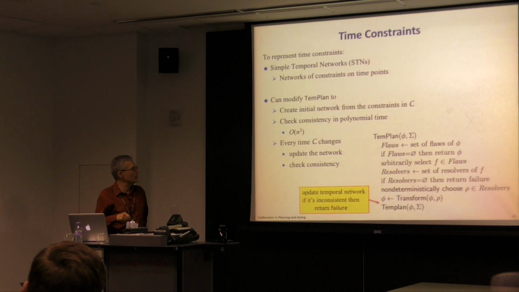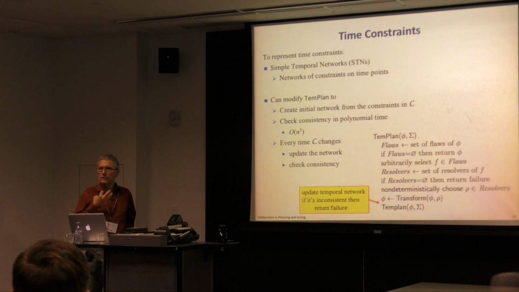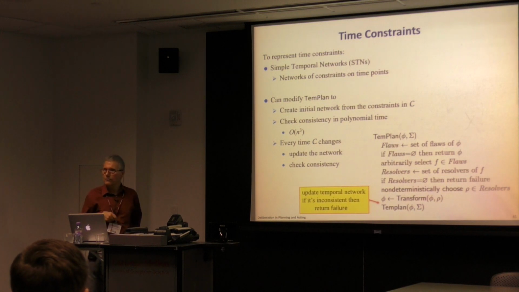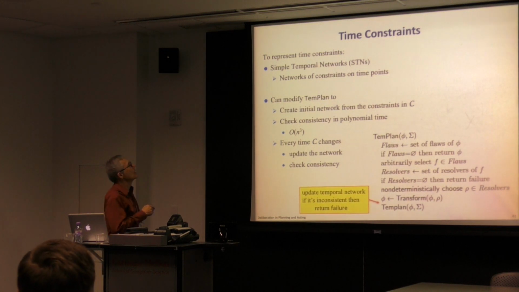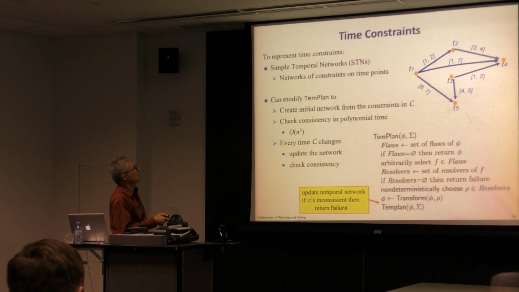And if you do this incrementally, I think that'll run in time n squared. So this is something that can be done pretty efficiently. So every time you transform this, you would update the temporal network. If it's inconsistent, then you return failure. All right? Okay.